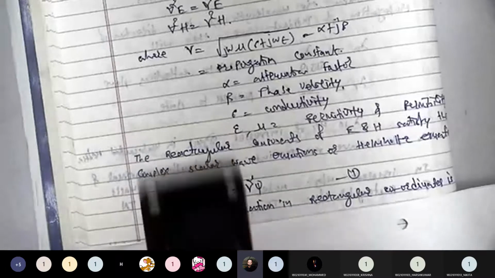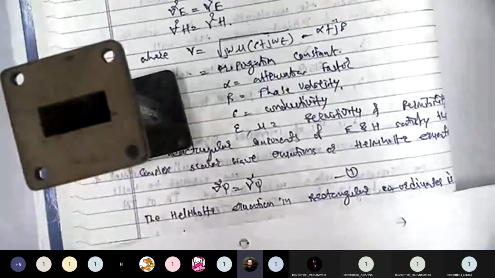Because here there is a rectangular shape, we assume that whatever field components are present inside this rectangular waveguide are independent from each other. What does it mean?